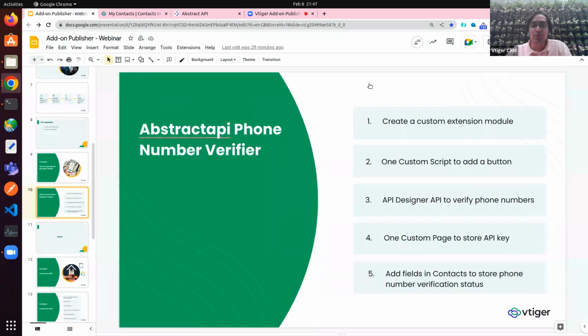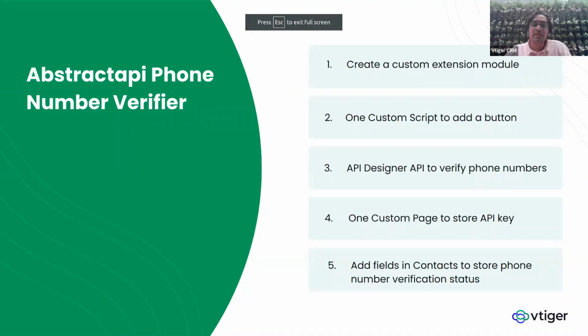For this, we build an API from the API designer which validates the phone number. The fourth thing is a custom page to store the API key. This API key is very important; without it, verification of the phone number is not possible. And then we added a few fields in contacts to store the verification status.